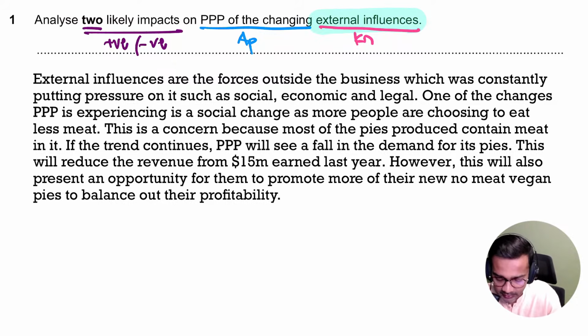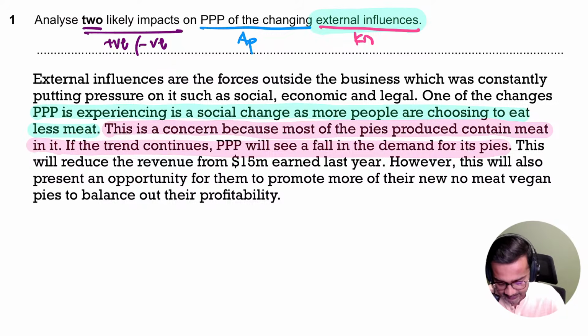That's enough, right? And I'll break this down. So where was my knowledge point here? This is where my knowledge was, that PPP is experiencing a social change as more and more people are choosing to eat less meat. Then I use this to develop my application, that since most of the pies contain meat in it, this is going to lead to a fall in demand for the pies.